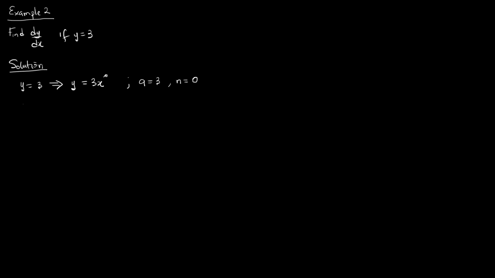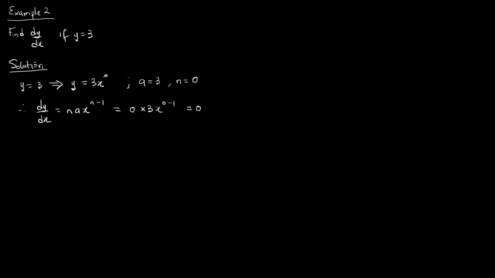So therefore, my dy/dx is going to be n a x^(n-1), which in this case, my n is 0, so I'm going to get 0 times my a, which is 3, times x raised to power 0 minus 1.